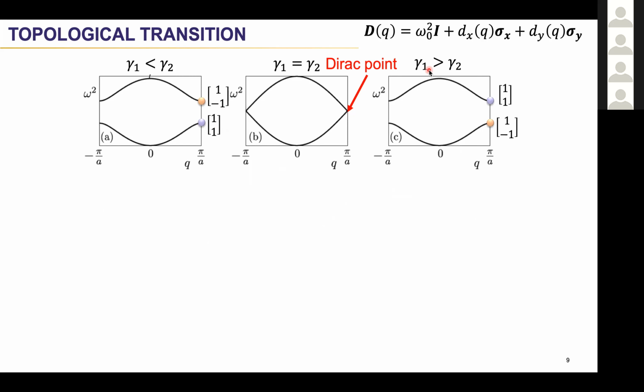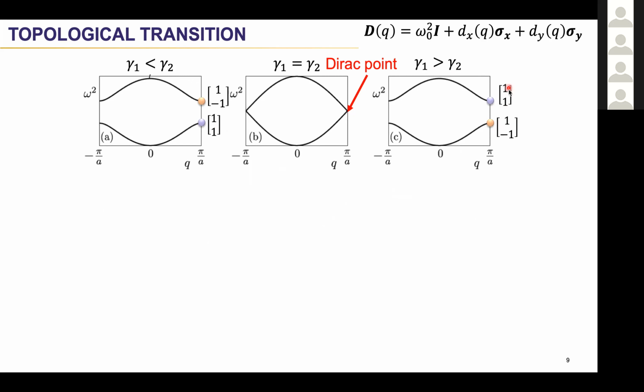However, for gamma 1 greater than gamma 2, we have a similar band gap, but with a subtle difference where the masses have just the opposite behavior. This frequency corresponds to out of phase oscillation, and this frequency corresponds to in phase oscillations.